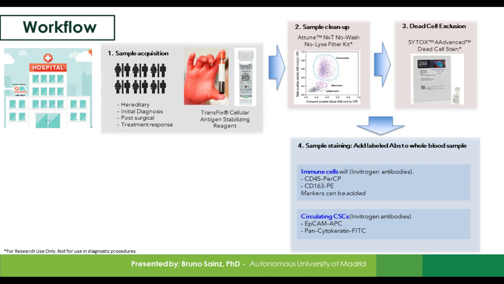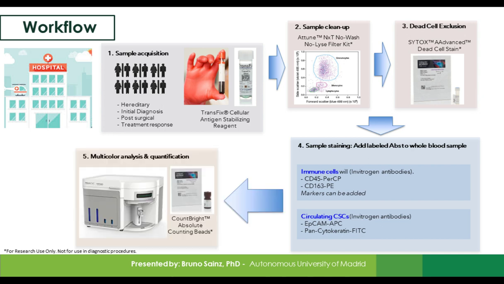However, other markers can be added, markers for myeloid cells, markers for T cells, etc. And of course, you have to choose which cancer stem cell markers are appropriate for your tumor type and for your conditions, and whether or not you are trying to identify circulating cancer stem cells or cancer stem cells directly from tumors. So, for example, you could use EpCAM to identify those epithelial cells in blood samples, pan-cytokeratin, for example, and of course, we also include our autofluorescence marker.